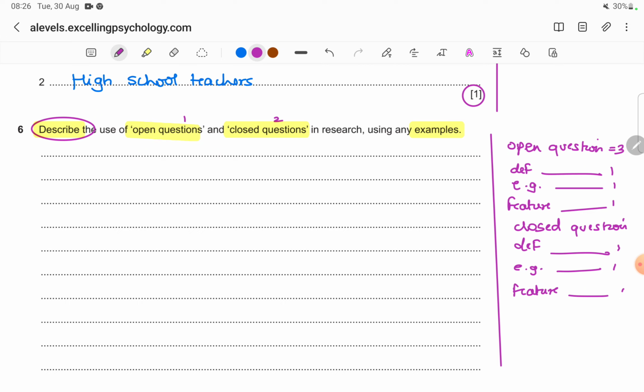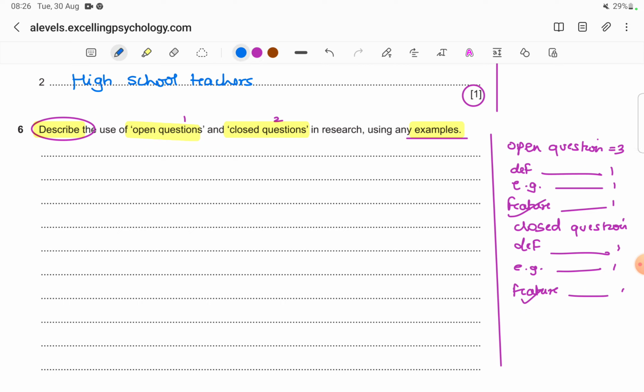Okay, coming to which type of examples we need to give. Do the examples have to be from the course studies? Not necessarily. They could be your own examples or they could be from course studies. There's no compulsion as such. Even the feature you include is your choice, whatever you know well. Let's see this pretty straightforward answer.